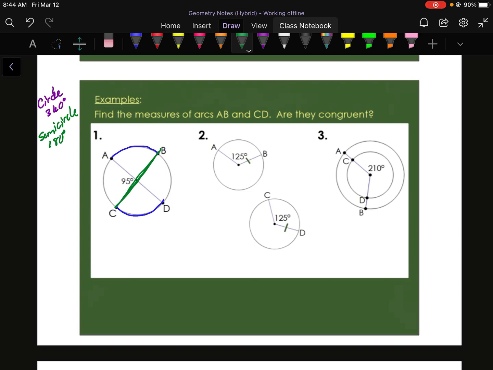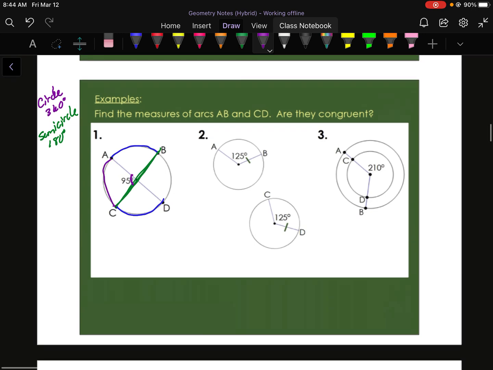So if we use that idea, we know that this central angle is 95. That means the arc's also 95, by the way. What would I need here to get to 180 degrees for the entire arc?